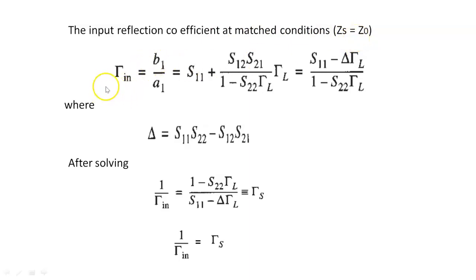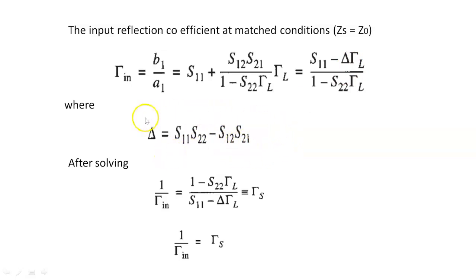Here the input reflection coefficient tau in is equal to B1 by A1. After solving the S parameter 2 cross 2 matrix, we get S11 minus del into tau L divided by 1 minus S22 into tau L, where del is equal to S11 into S22 minus S12 into S21.